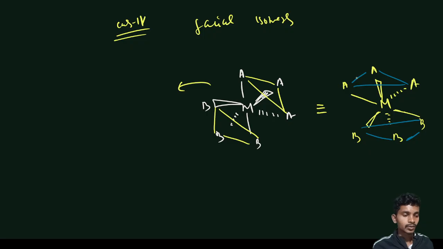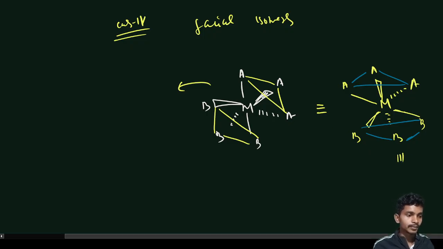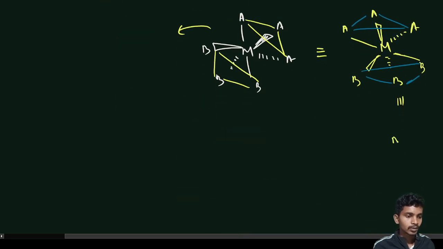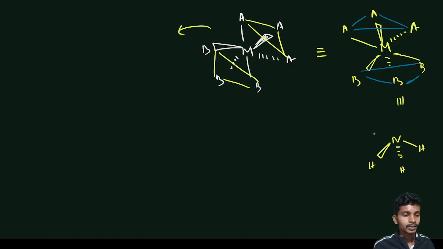So this structure we can assume as the same as NH3, like one is H, and here H, and here H, and here is the lone pair. So the same thing we can assume, we assume it as ammonia.